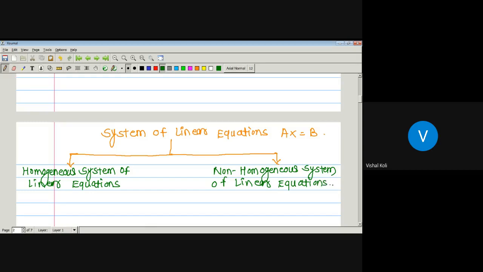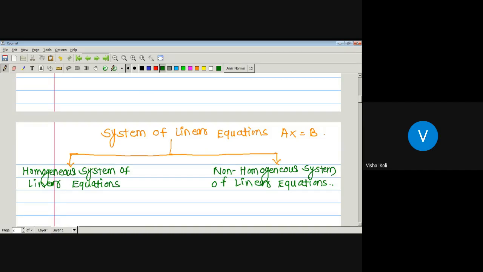Now let us see what a homogeneous system of linear equations is. A system of linear equations is said to be homogeneous if the matrix B is equal to 0, that is, the constant matrix is equal to 0. Suppose we have a system of linear equations a11 x1 plus a12 x2 plus up to a1n xn, then a21 x1 plus a22 x2 plus up to a2n xn, and the last one am1 x1 plus am2 x2 plus up to amn xn, which is equal to some bm.